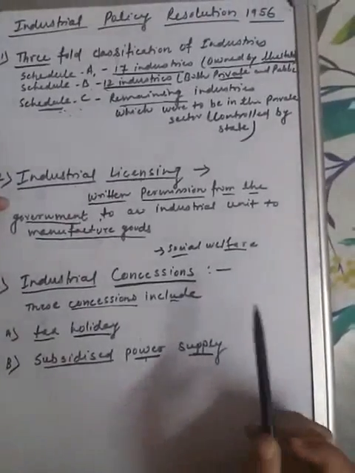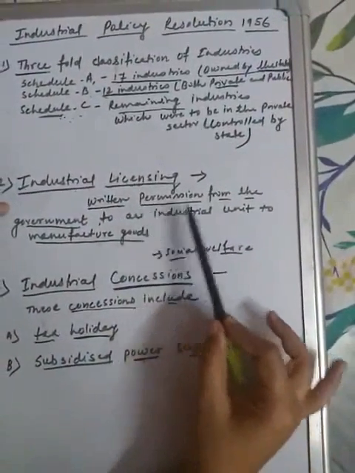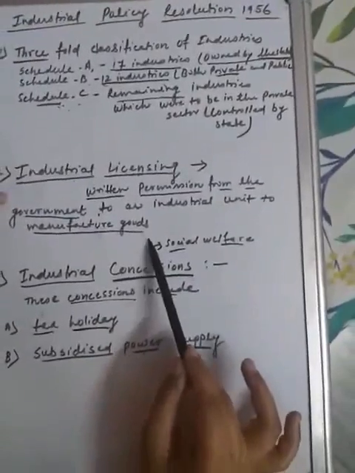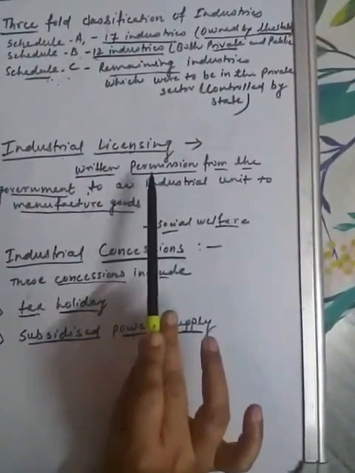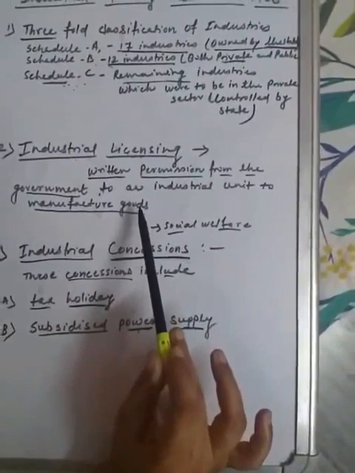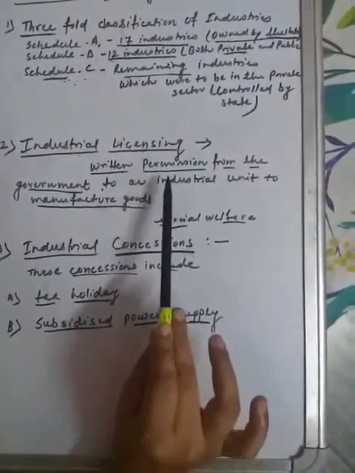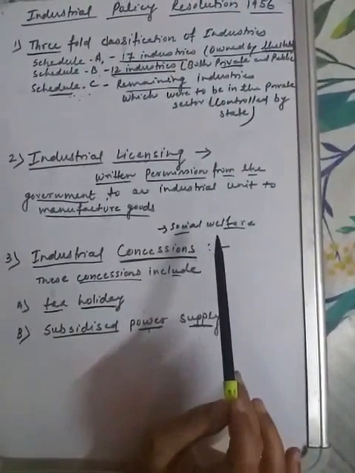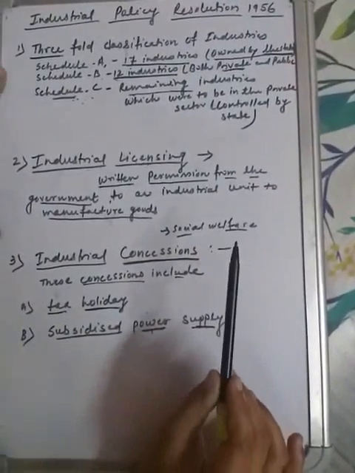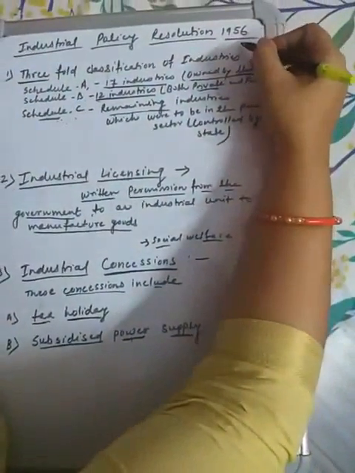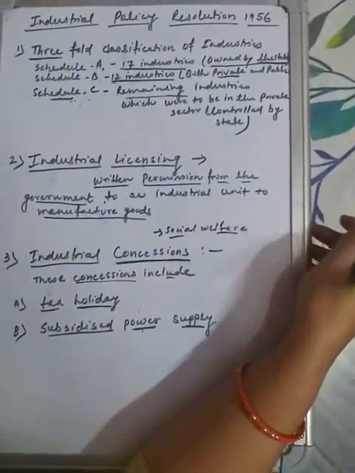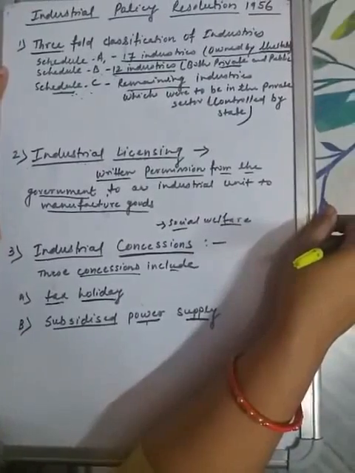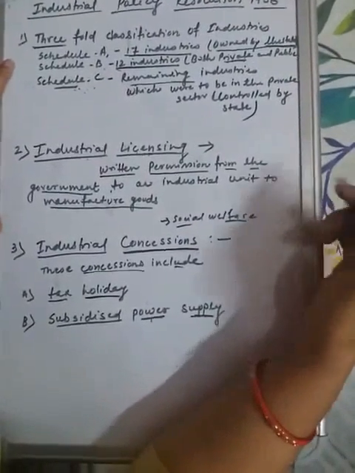What is licensing? Licensing is written permission from the government to an industrial unit to manufacture goods. Without license, no private sector can invest or set up an industry in India, but these policies were implemented till 1990, because in this chapter you have to study industrial policy or strategy of the government from 1947 to 1990.